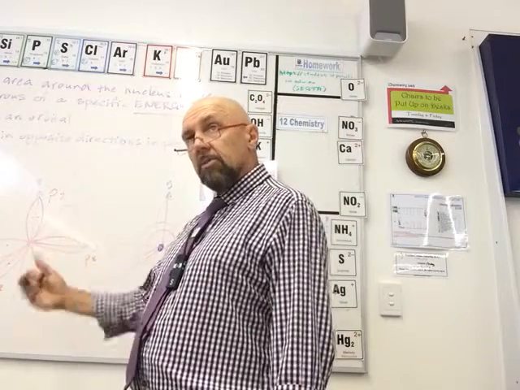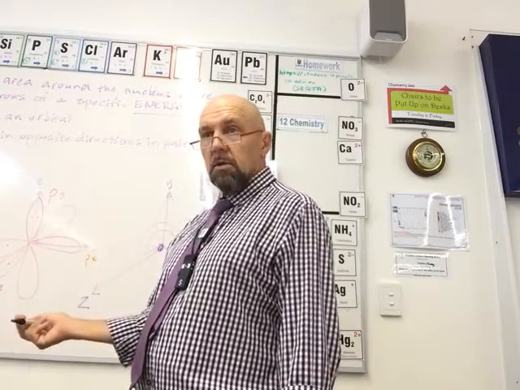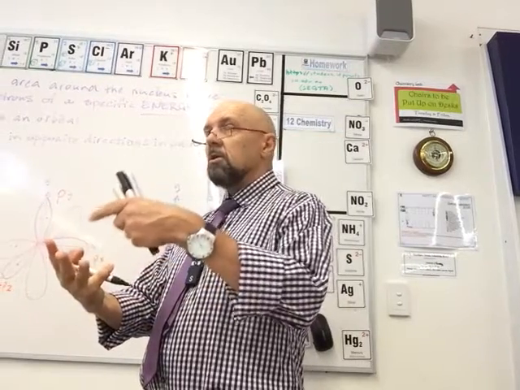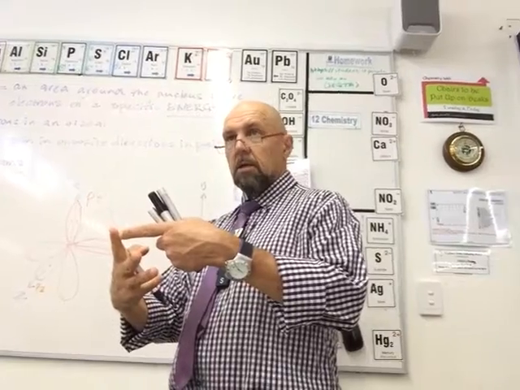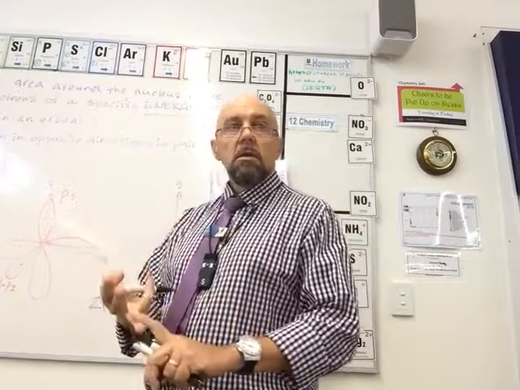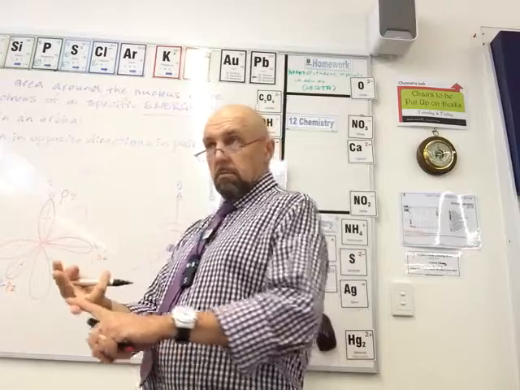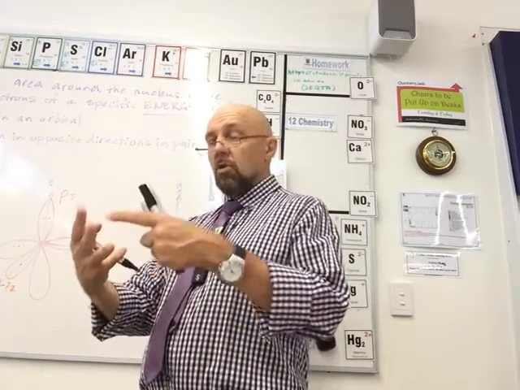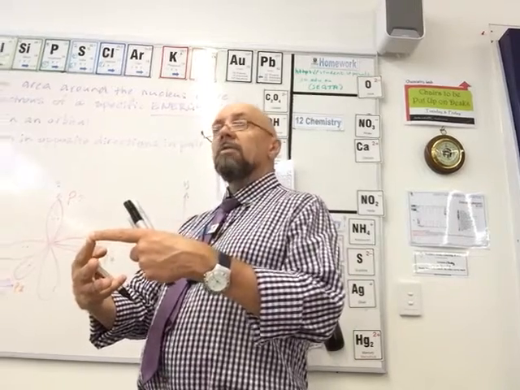So a p subshell can contain up to 6 electrons. 3 orbitals, 2 in the first orbital, 2 in the second, 2 in the third. Okay? So an s subshell can only accommodate 2. A p subshell can have up to 2, 4, 6 electrons. Okay? And then there is a d.